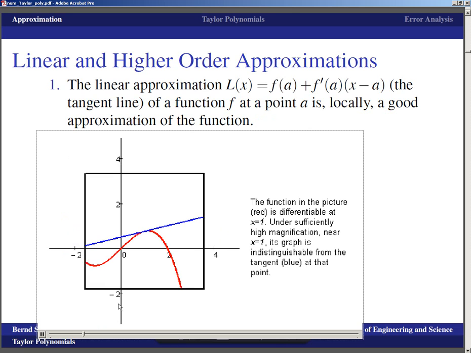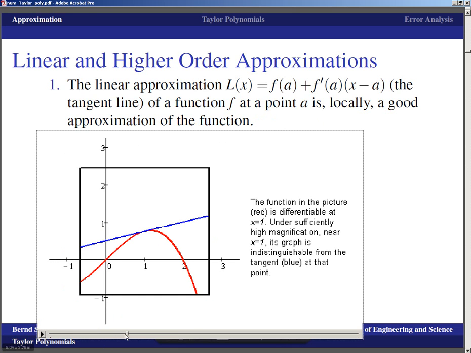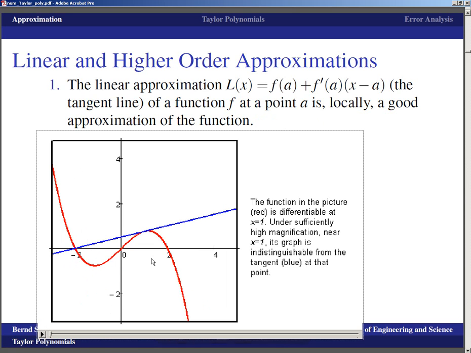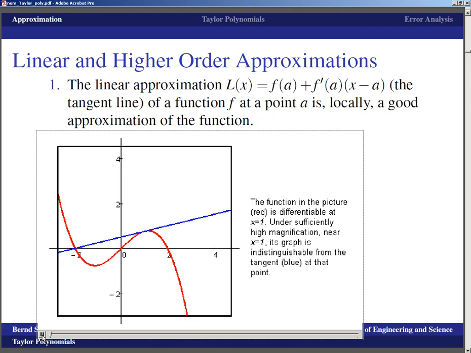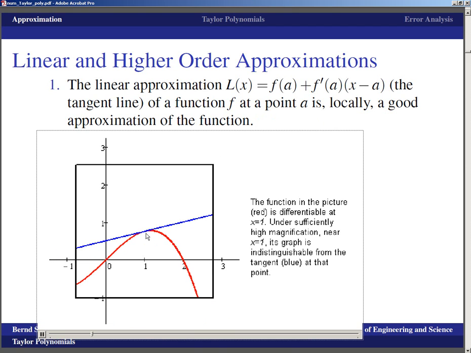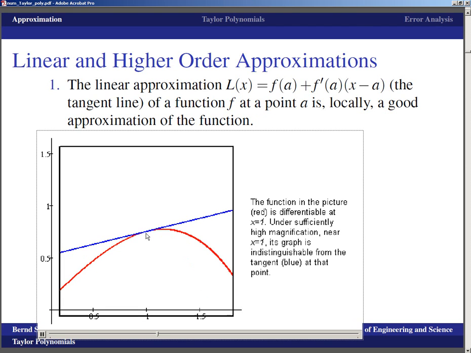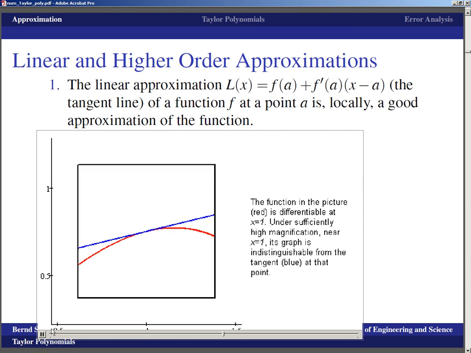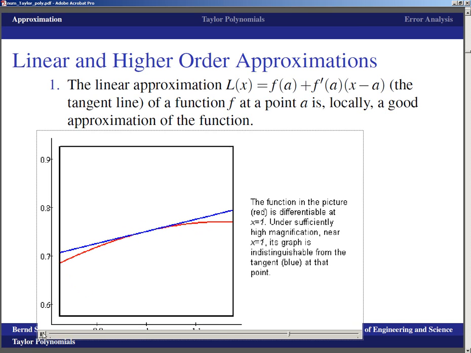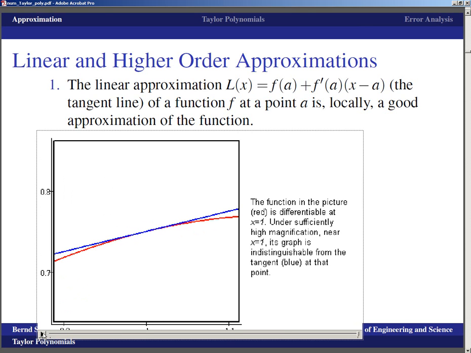Let's look at the animation. So here is a function, and the linear approximation is the tangent line. And if we're now zooming in on this point of approximation, then what we can see is, under higher and higher magnification, of course, the approximation looks better and better. And so if we had an infinite zoom here, eventually we would not be able to distinguish this tangent line from the function.